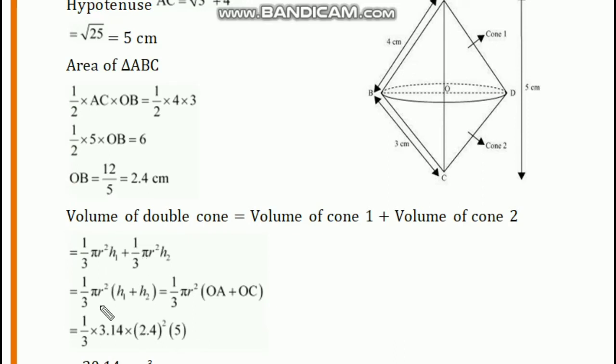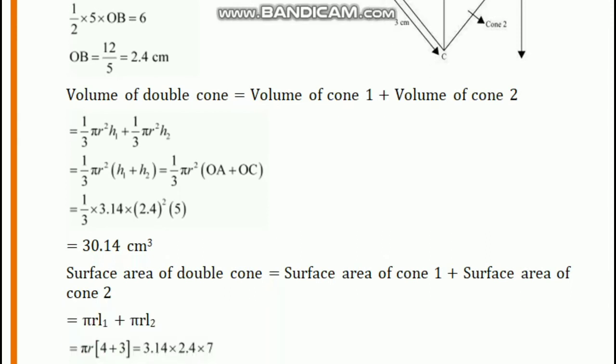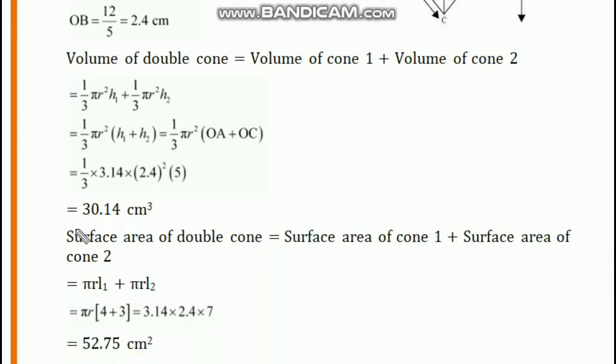Taking the remaining things as common, with h1 plus h2 equal to 5, radius 2.4 centimeter and the value of pi, after simplification the answer is 30.14 centimeter cube.